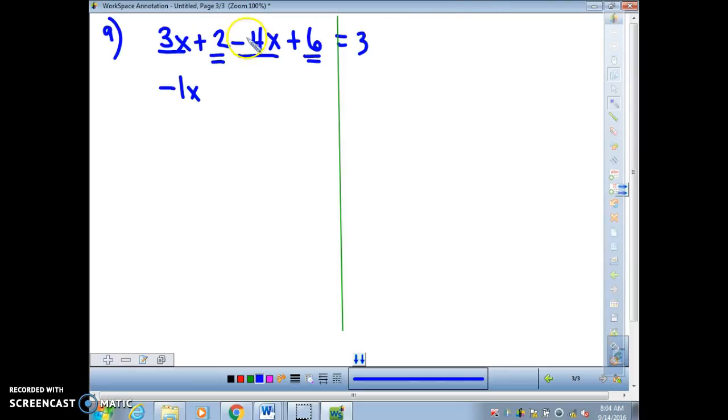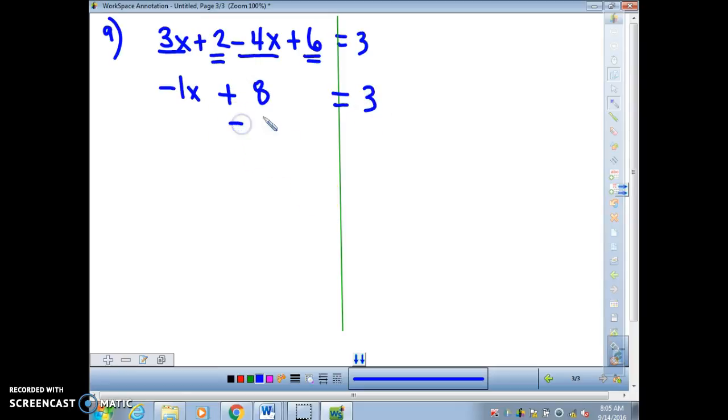And the rule is you only combine like terms together on this side, and you combine like terms together on that side. You only start crossing the line when you're adding and subtracting things on each side, or multiplying and dividing things on each side. So we're just going to combine that 2 and this 6 together. That's going to give me a positive 8 is equal to 3.